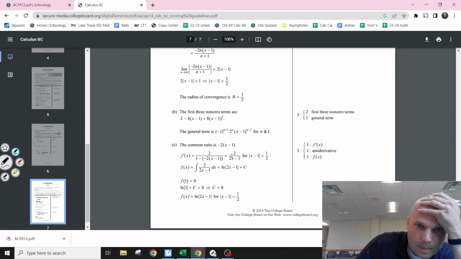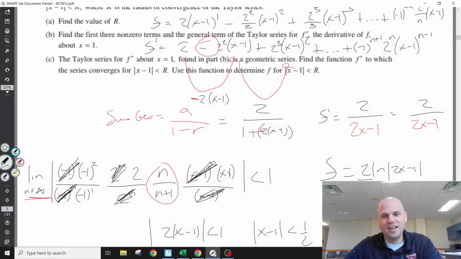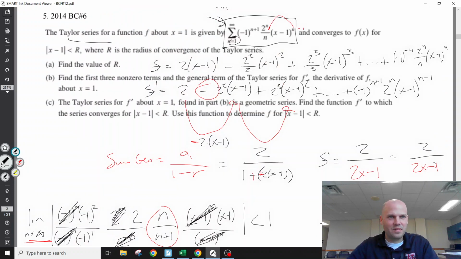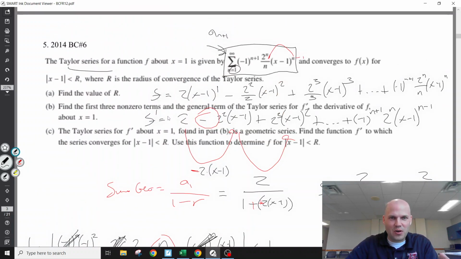You get f prime, you then take the antiderivative, or at least attempting. Oh, yeah, there's a c. Nobody's getting that. f of 1. Oh, that's tricky. There is a c. I knew there was a c. And they're like, what's c? Well, what's f of 1? There was no first term because f of 1 had to be 0 for this Taylor series to start with 2 times x minus 1.